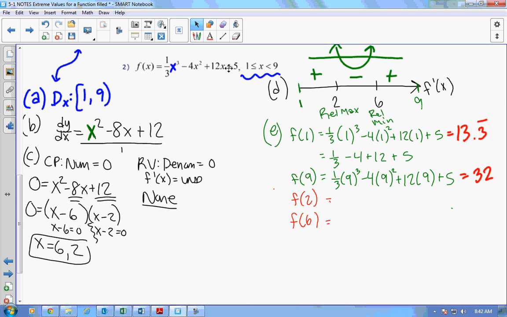Okay, does anyone have f of 2? Is that rounded? I have 15 and 2/3. So 15.6 repeating. That's f of 6.